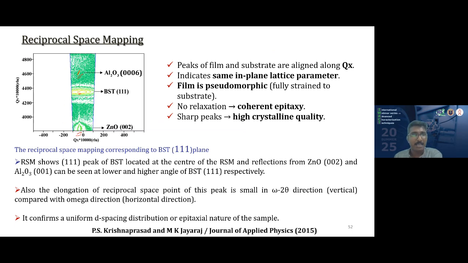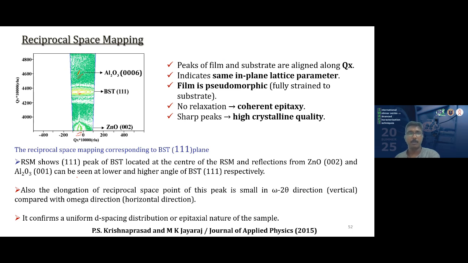That indicates the same in-plane lattice parameter. That means the films are grown pseudomorphically, and the sharp intense peaks signify high crystalline quality of the thin films. Since the elongation of the reciprocal lattice point is along the omega direction, it confirms uniform d-spacing over the sample.